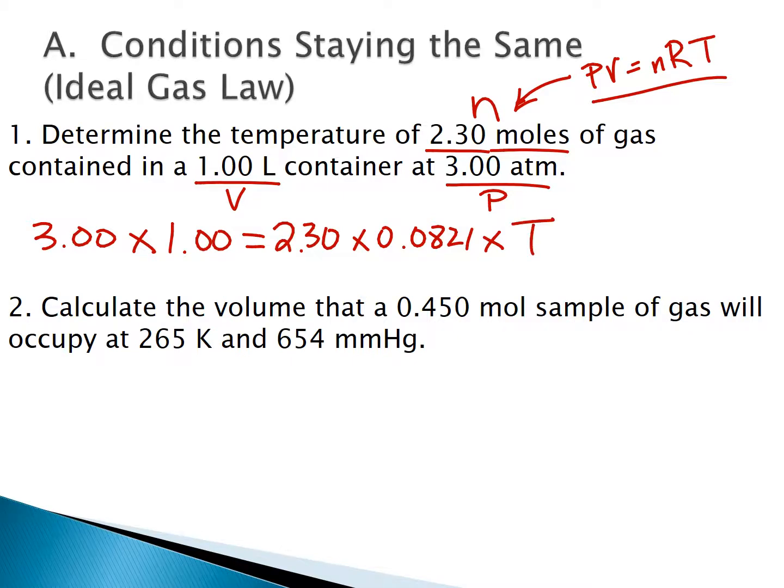We're going to solve for the temperature, so we'll isolate T. I'm not going to teach you that now, but if you don't know how to solve for a variable in an algebraic equation, you need to come and see me about that ASAP. That's going to equal 15.9, and the unit for temperature is Kelvin.